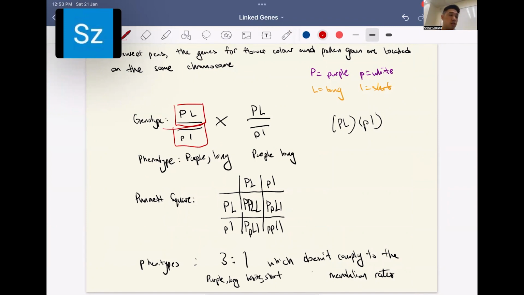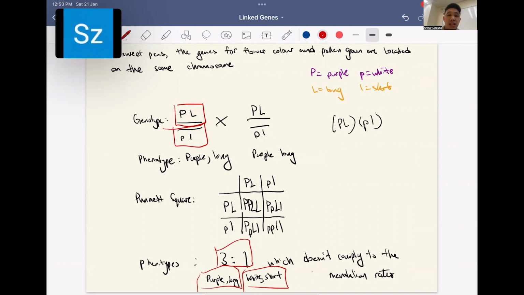This will make the cross a lot simpler than the cross we did earlier. And there are only 2 phenotypes produced from this cross, which are purple long and white short. The ratio is 3:1, which is not the same as the Mendelian ratio.